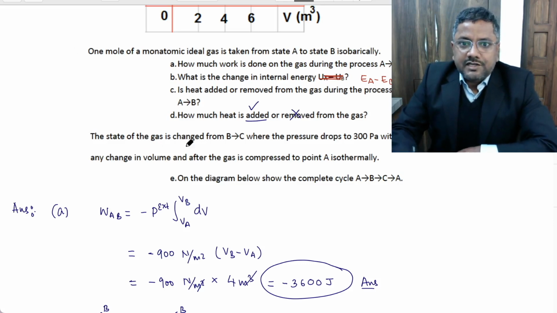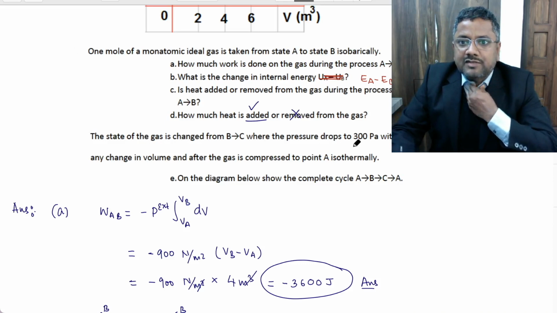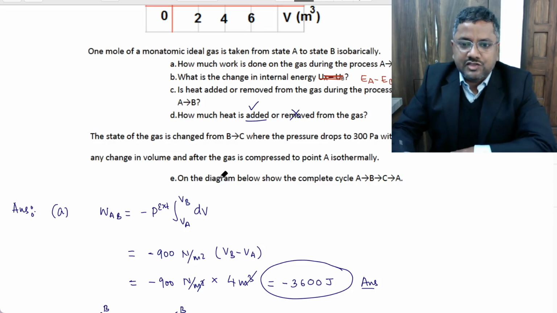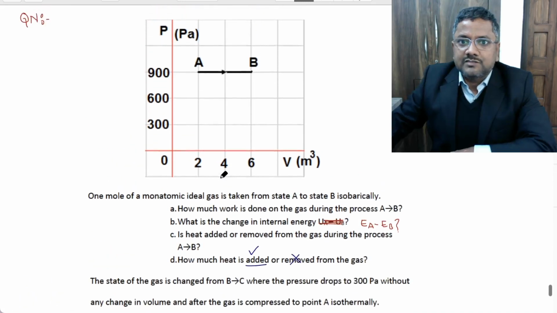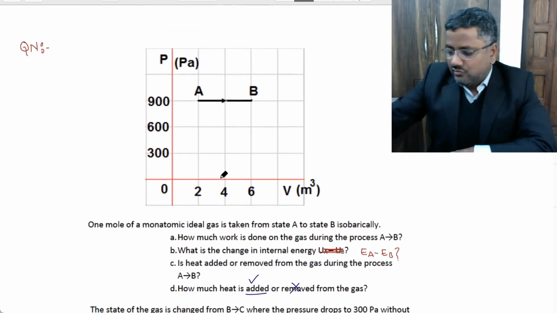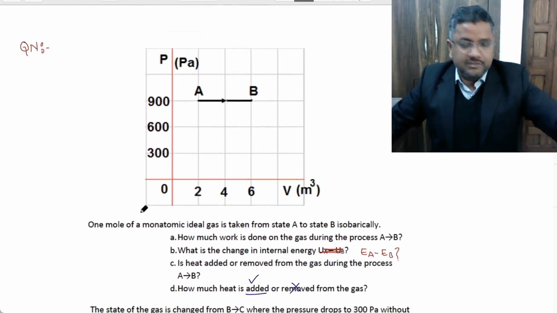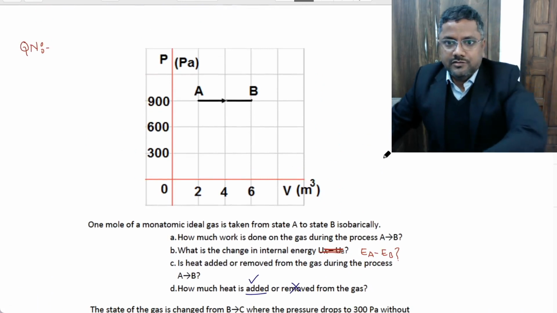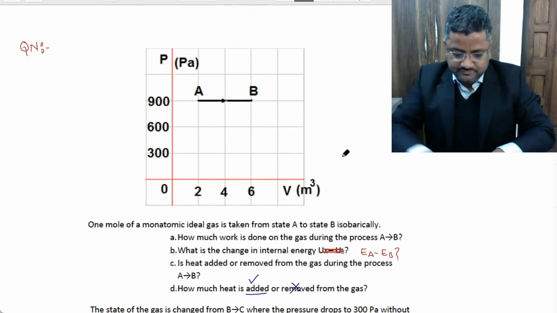Now the state of the gas changes from B to C, where the pressure drops to 300 Pascal without any change in the volume. See the next part of the question.